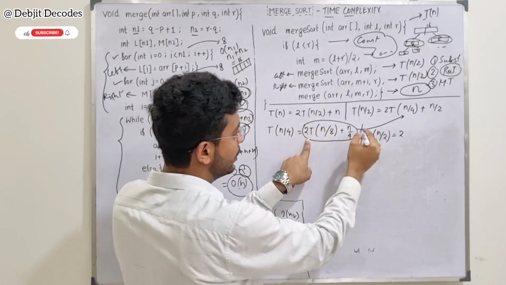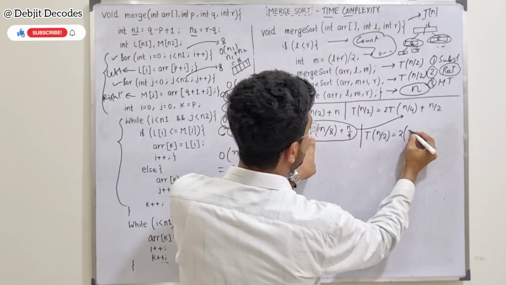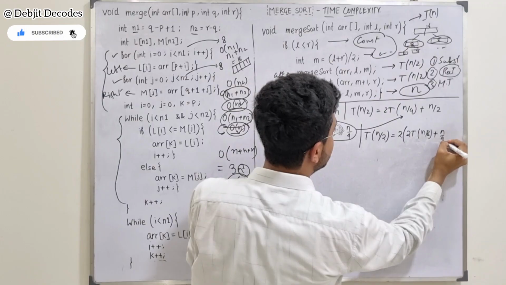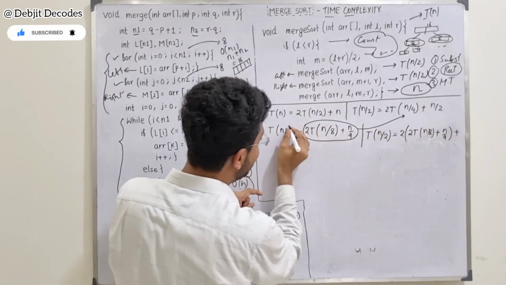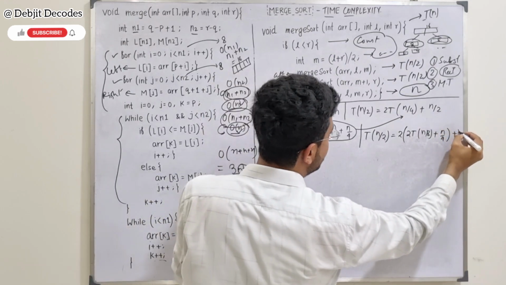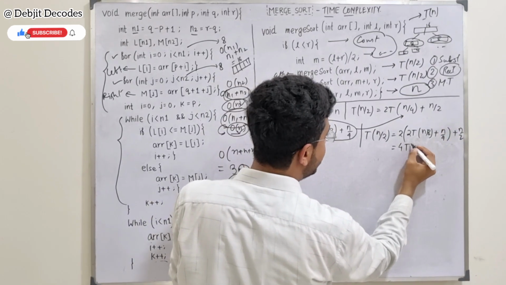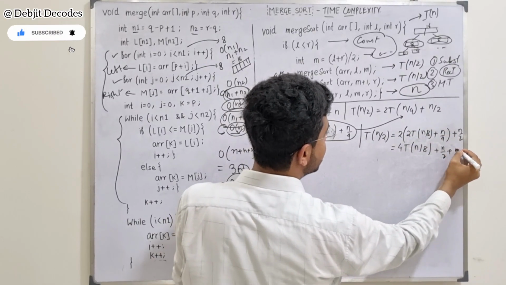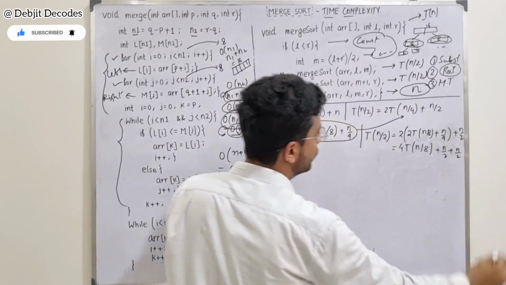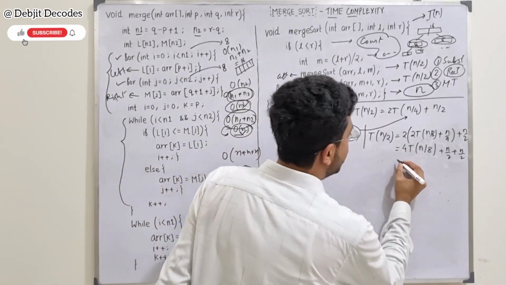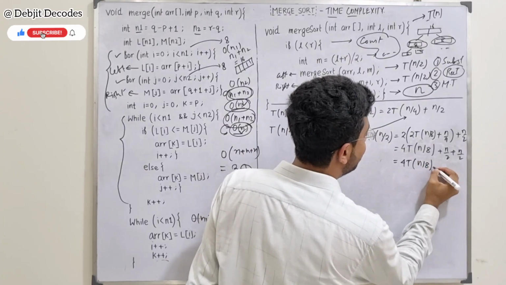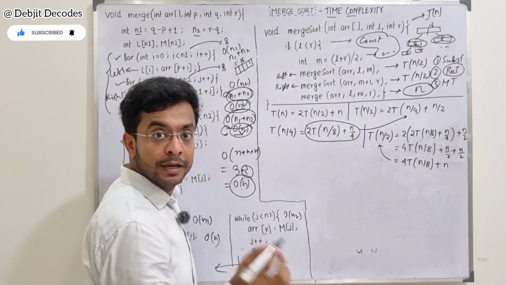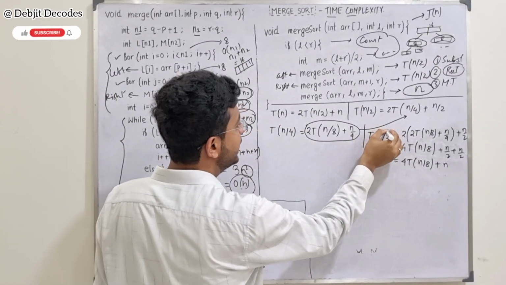This is the value of T(n/2), and we can replace this value from here to here.